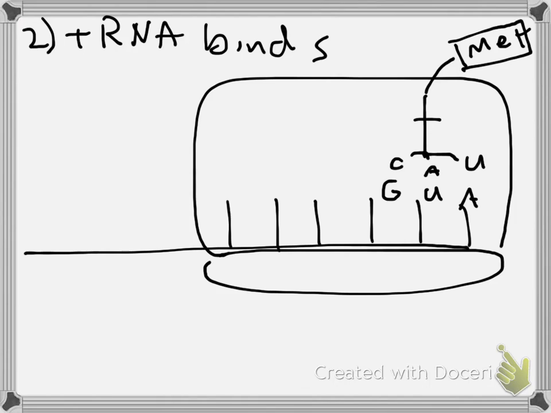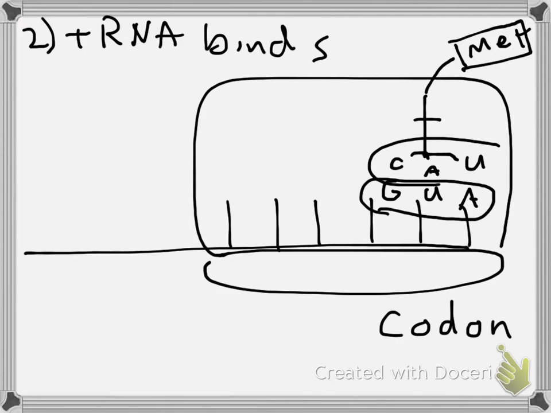Now, these 3 nucleotides here that I'm circling on the mRNA are called a codon. A codon is like a word in mRNA language. On the tRNA, these three nucleotides are called the anticodon. The anticodon is three nucleotides that are complementary to the three nucleotides in the codon.